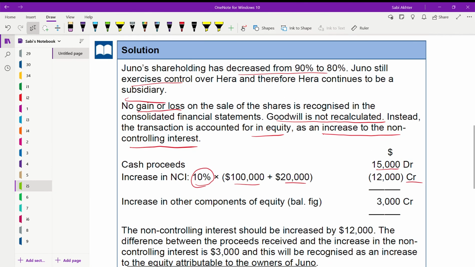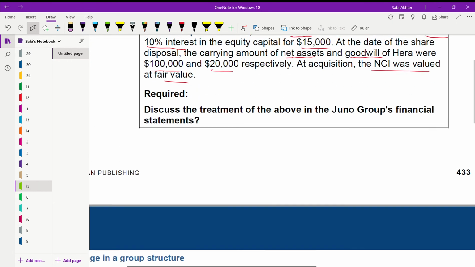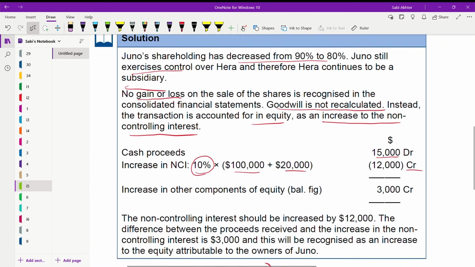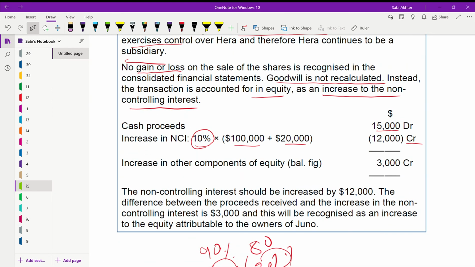Okay? That is the net asset and the goodwill at the date of the disposal when you are taking it. There is no NCI there, okay? So there is no NCI, and they told that it's a fair value.